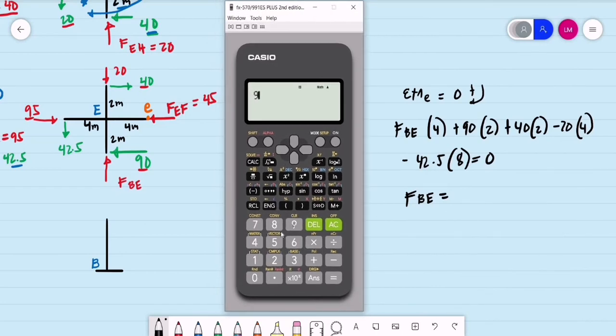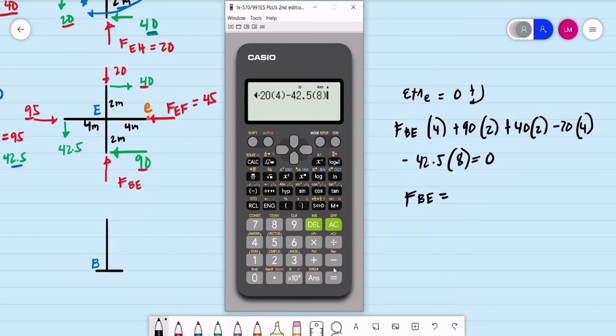As we have that as 90 times 2, plus, this is 40 multiplied by 2, and then minus the 20 times 4, then minus the 42.5, that is 8 meters away.